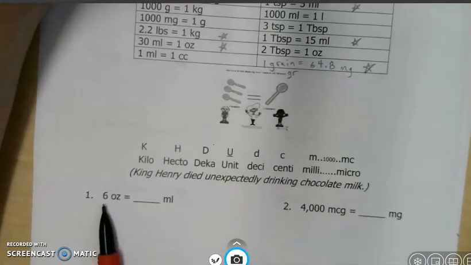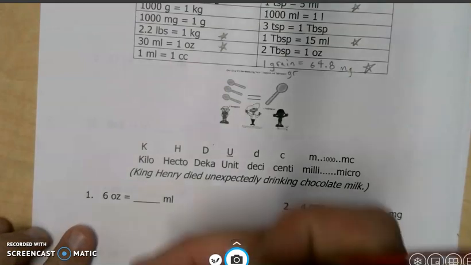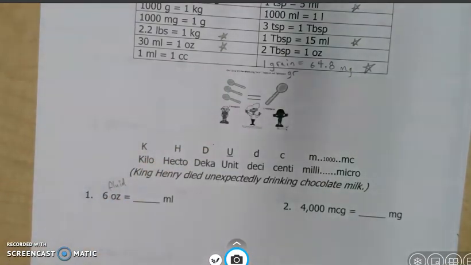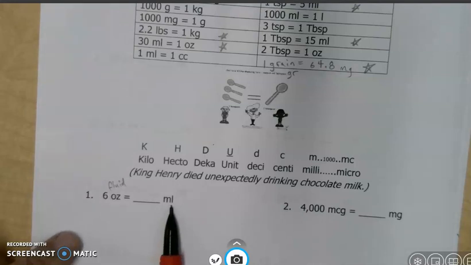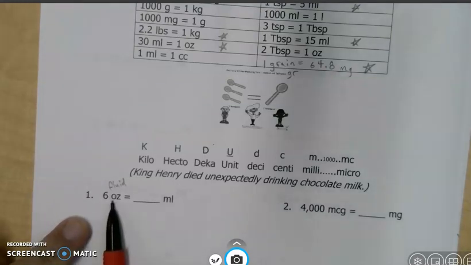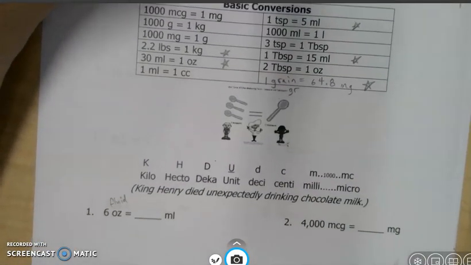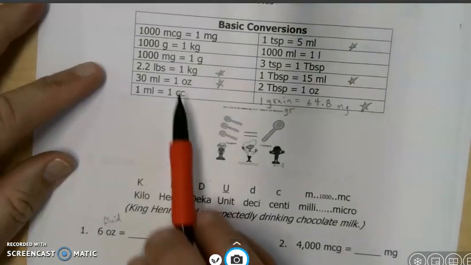So here we want to go ounces to milliliters. Now, we really should be talking fluid ounces because one of the problems with standard measure is ounce is a weight and ounce is a volume. But milliliter is only a volume, so we need fluid ounces. And if we look back up, our ounce to milliliter conversion is 30, right?